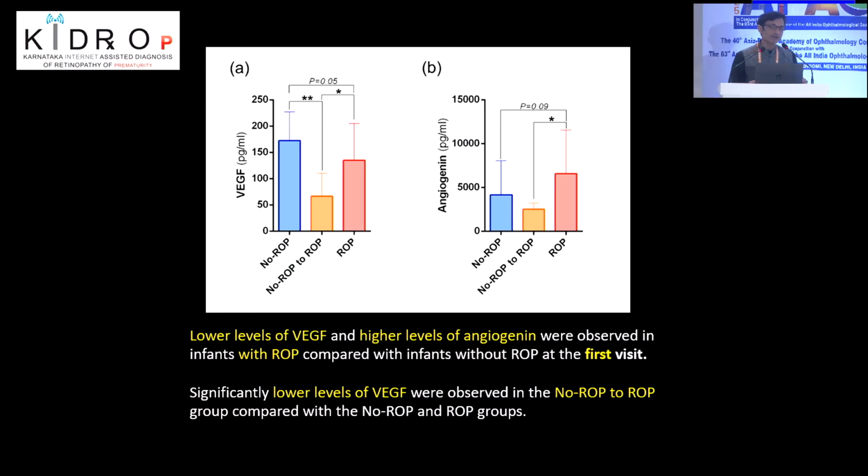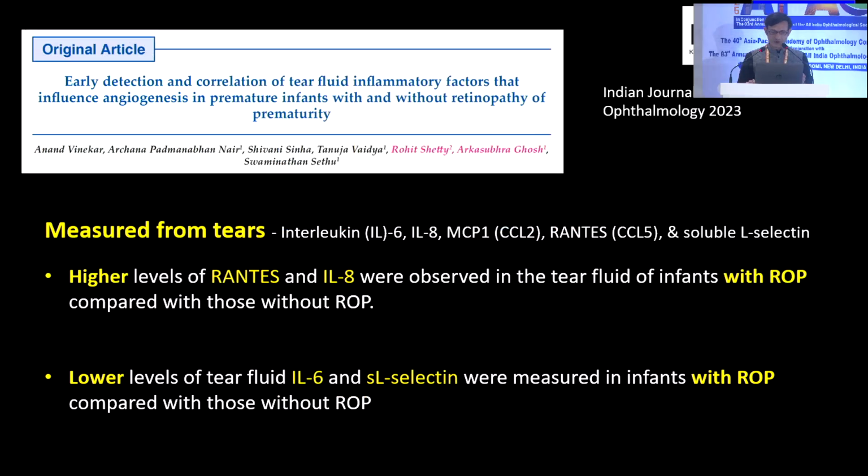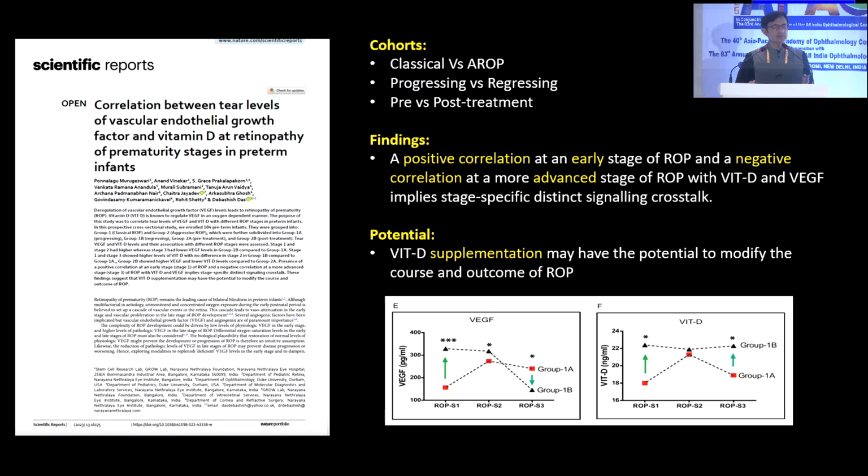But right now we know that the interplay is not just VEGF and angiogenin, but also inflammatory molecules, as this paper shows. There are certain molecules that get up-regulated and some that get down-regulated, which can help us predict whether these babies will progress in their ROP status.